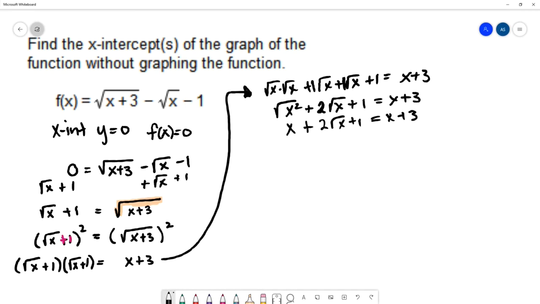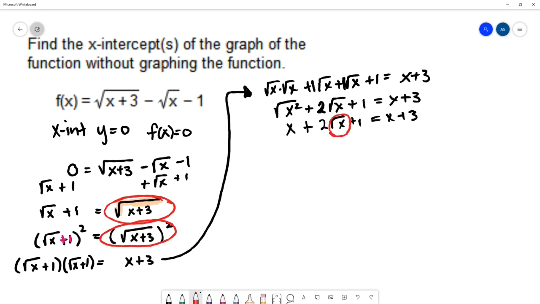And you can see, just like I said, we were able to eliminate this square root by squaring both sides, but we still have the other square root in the problem. So we have to repeat the process over again.